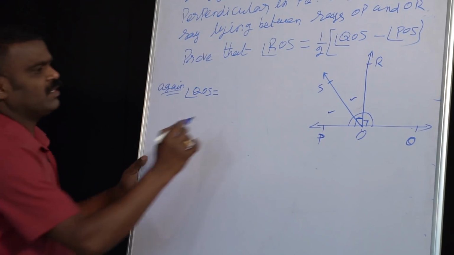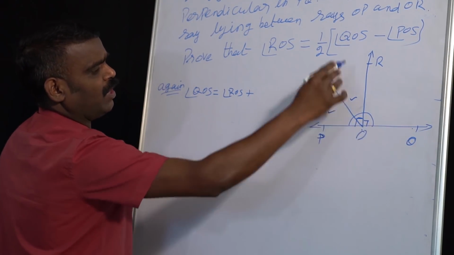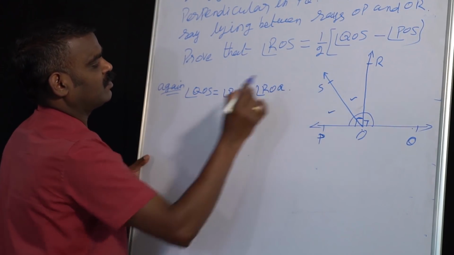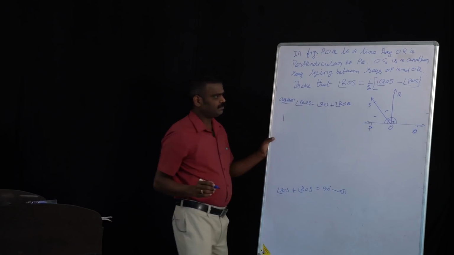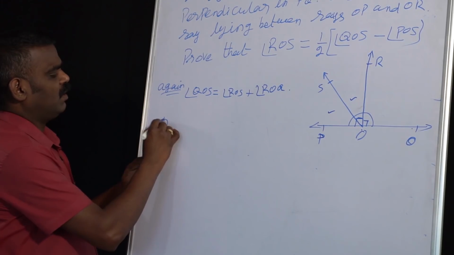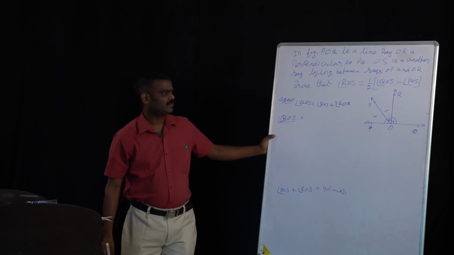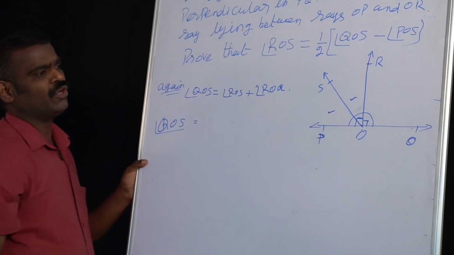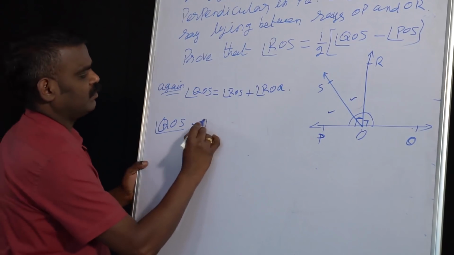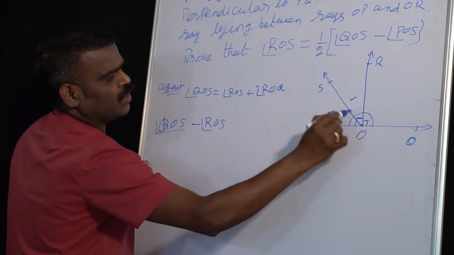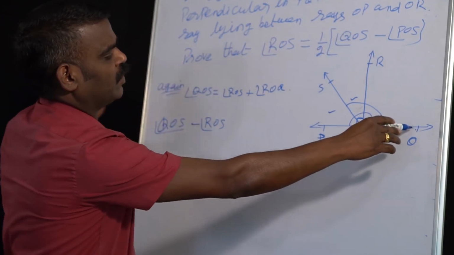Angle ROS plus angle ROQ. Now, from angle QOS, the full angle, if we minus this portion ROS, what will you get?